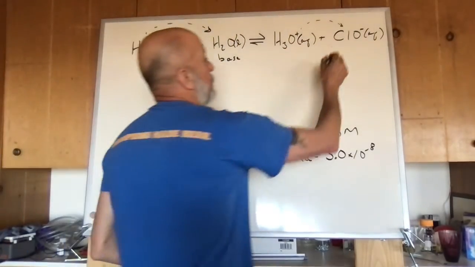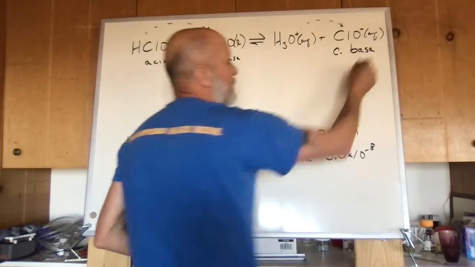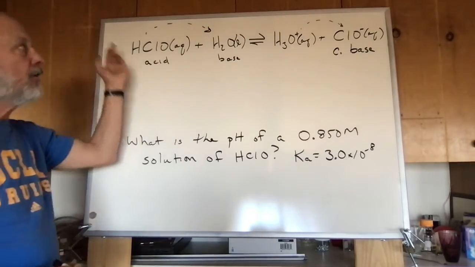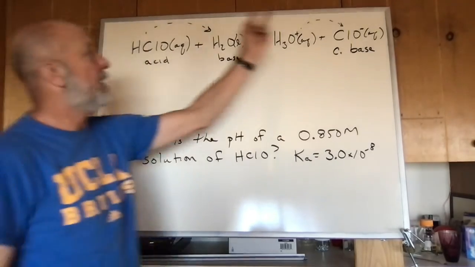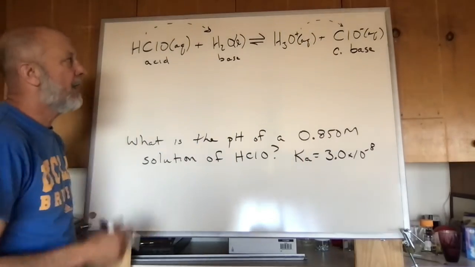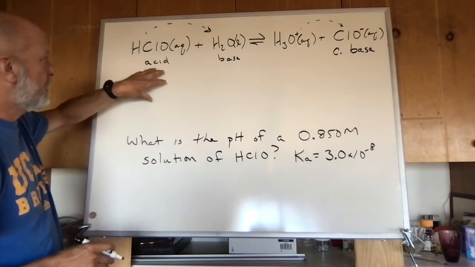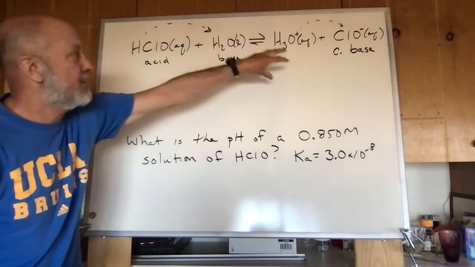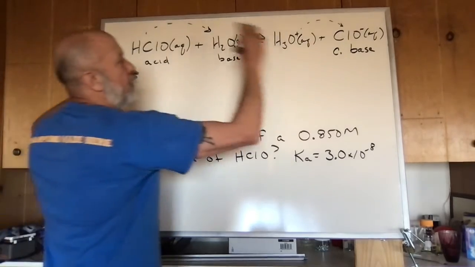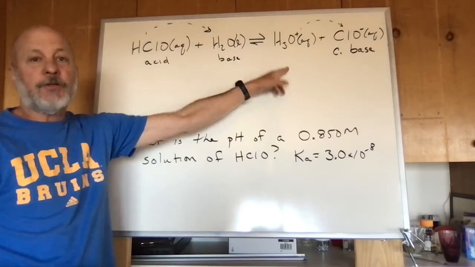So in the reverse reaction, this is acting as a base. We call it the conjugate base. Or we would say once a weak acid donates its proton, what's left is the conjugate base of that weak acid. So unlike the last time, where we said 100% does that, and so 0.85 molar is going to give me 0.85 molar of hydronium, in this case, no, 100% does not do that.